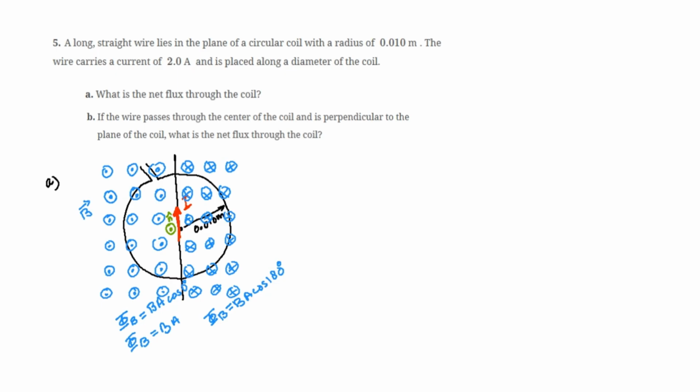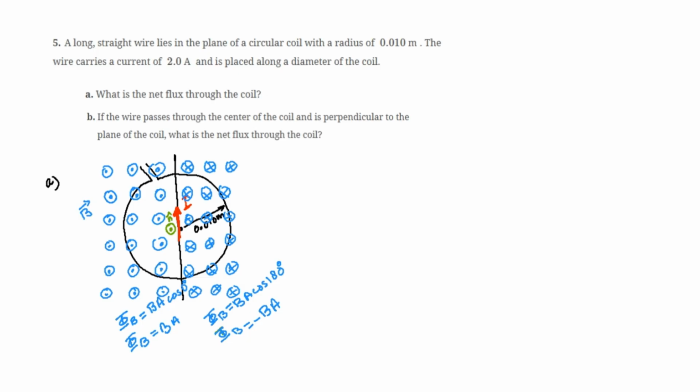But to the right of the current carrying wire, the normal vector and the magnetic field are anti-parallel. So they make an angle of 180 degrees. They have opposite directions. The cosine of 180 degrees is -1. So the magnetic flux to the right would be negative BA. So to the left and to the right, you have the same magnetic flux, but with opposite signs.